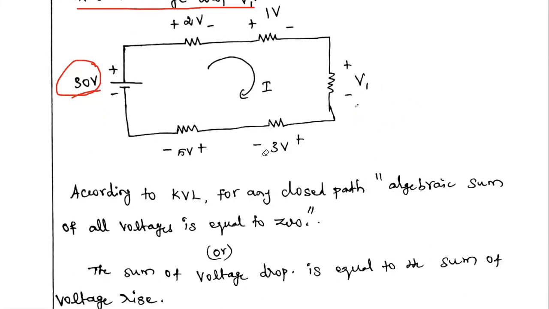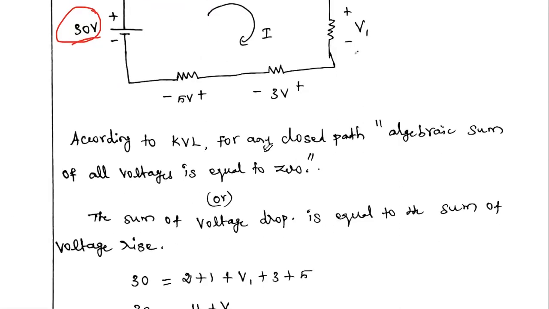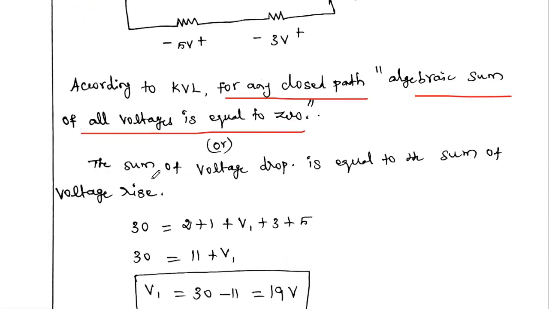First, write the KVL. According to KVL, for any closed path, the algebraic sum of all voltages is equal to 0. Alternatively, the sum of voltage drops is equal to the sum of voltage rises.